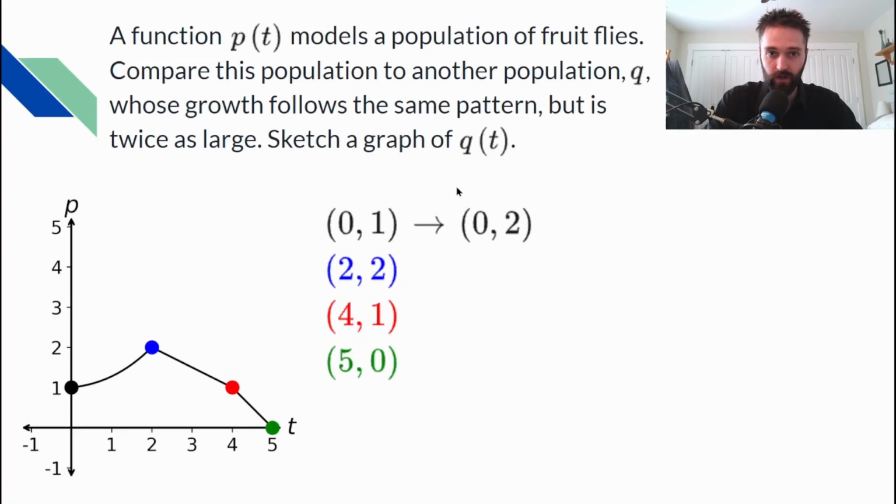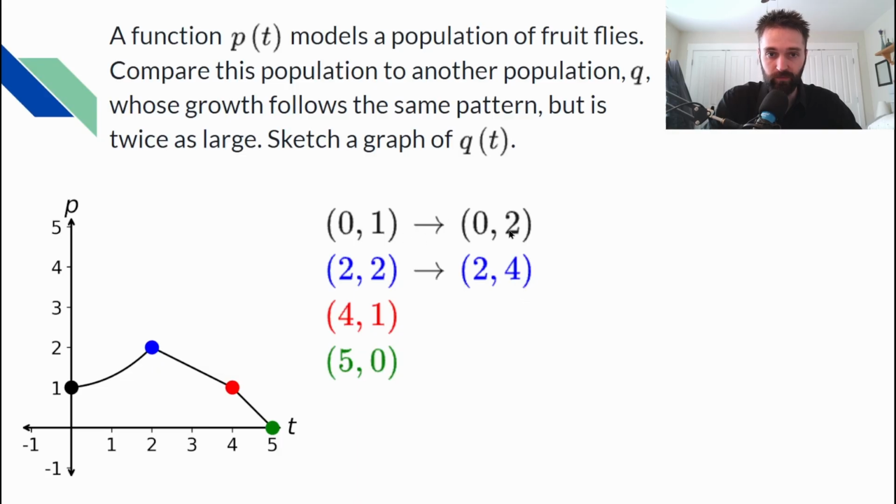We take the y value and multiply it by 2 to get 0, 2. We're leaving the x value the same and multiplying the y value by 2, because the population is twice as large. We'll get the black point 0, 2, and we'll get the blue point 2, 4.